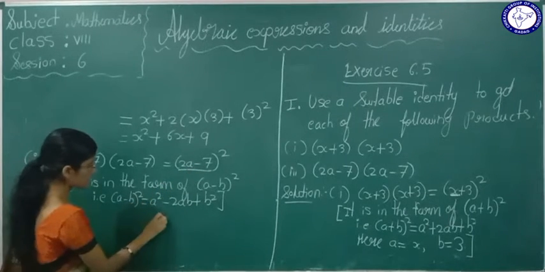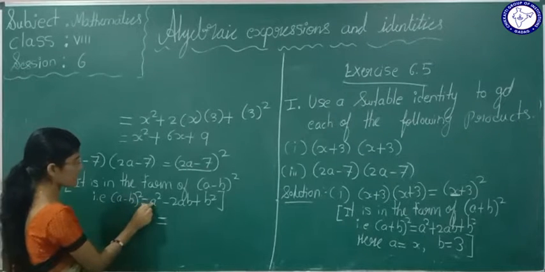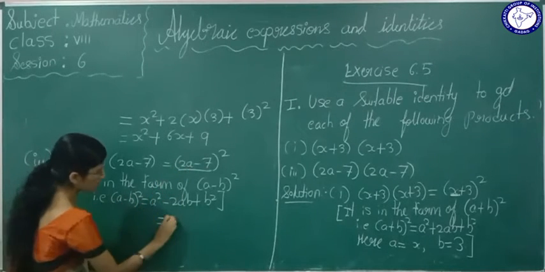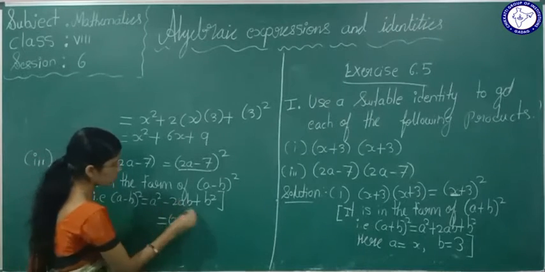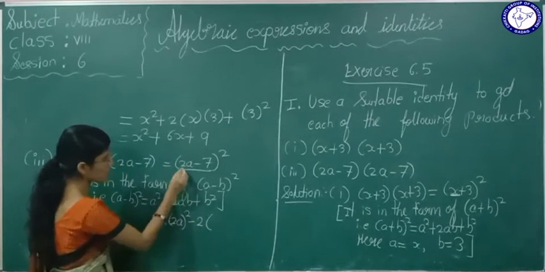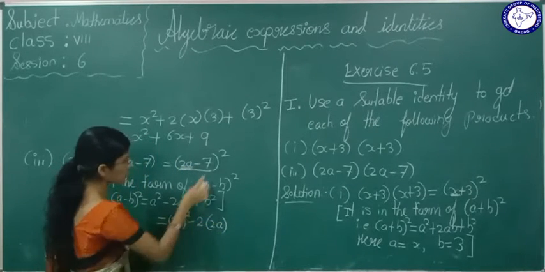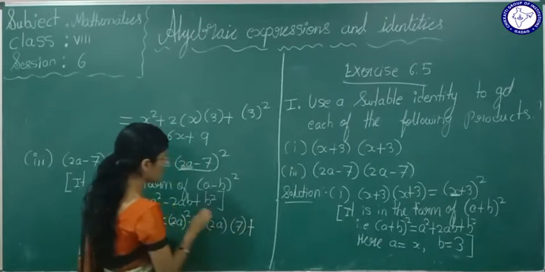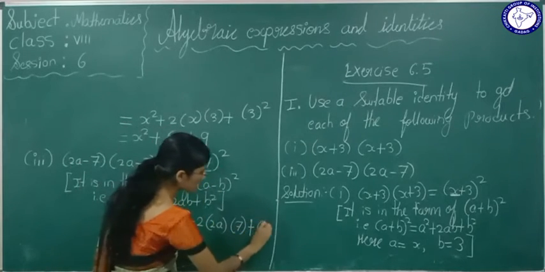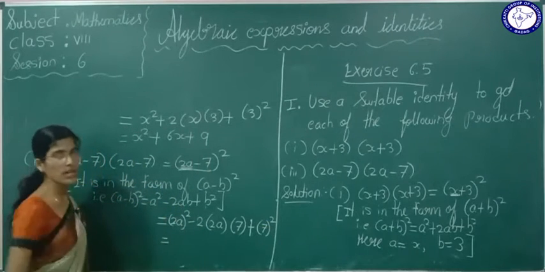Now, (a minus b) the whole square is nothing but a square, here (2a) the whole square, minus 2 times a, which is 2a, times b, which is 7, plus b square, which is 7 the whole square. Now 2a into 2a is how much, students?